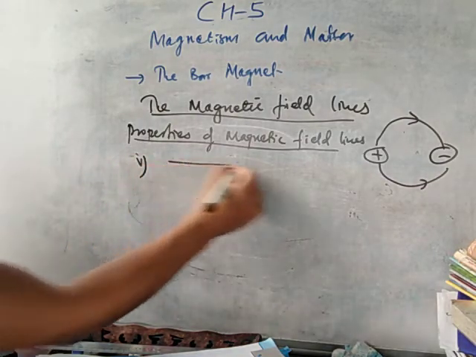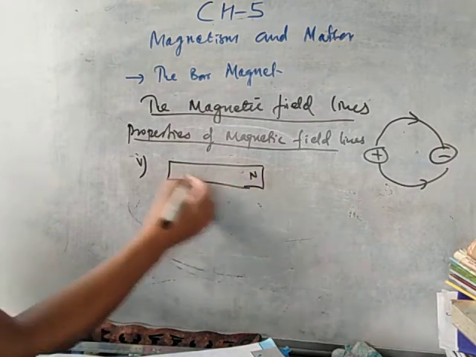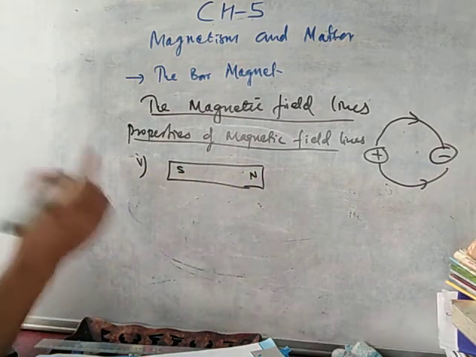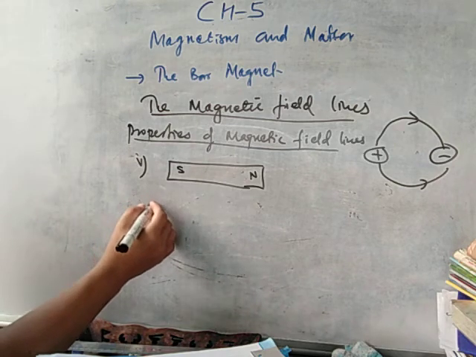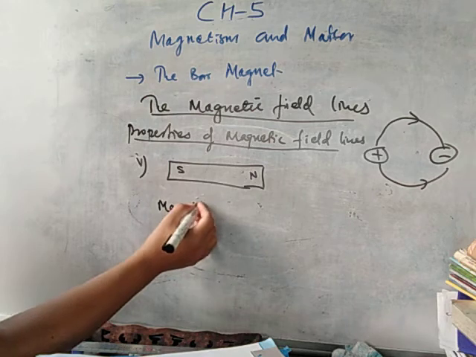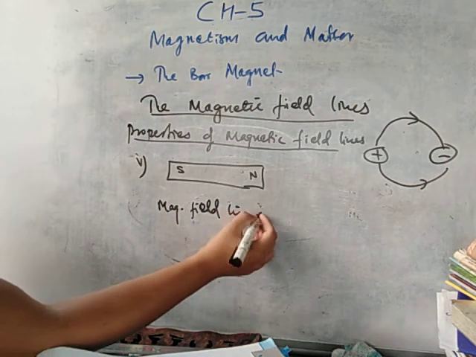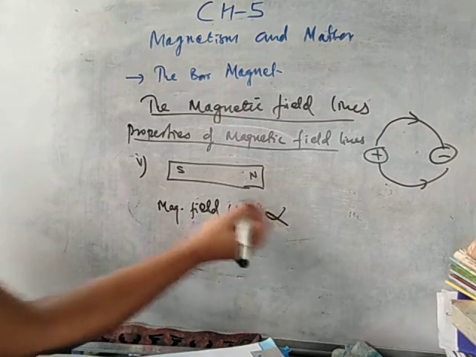So if I have magnet, magnetic field lines is directly proportional with the pole strength.